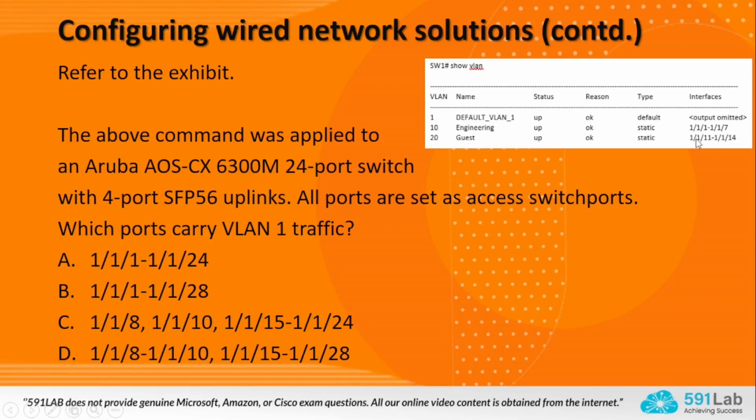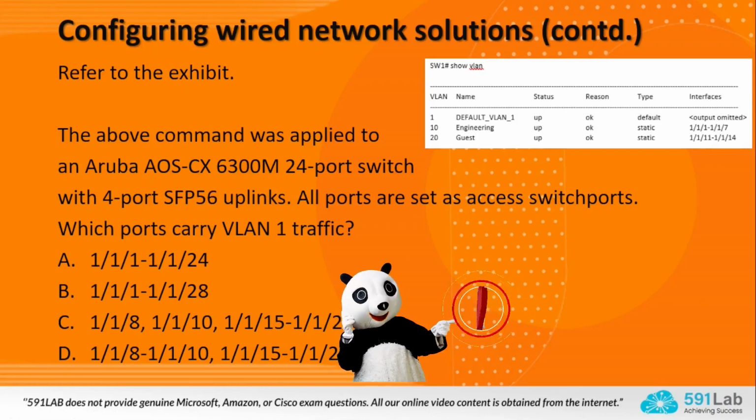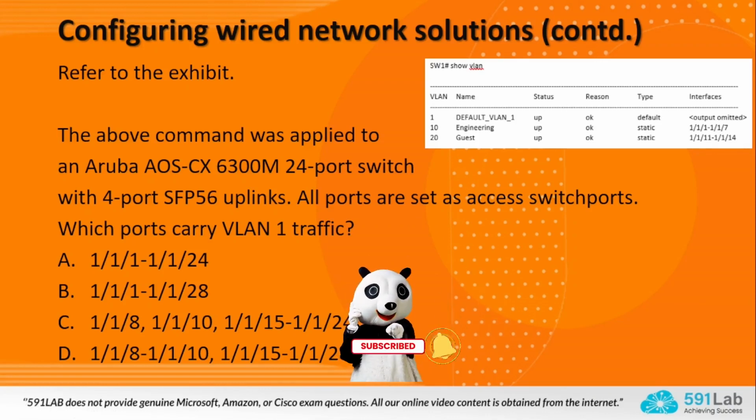So 8, 9, 10 are not assigned to VLAN 10 and 20, so 8, 9, 10 should be on VLAN 1. Then 11 to 14 assigned to 20. From 14 afterwards, that is 15 up to 28, are assigned to VLAN 1 because they just remain in VLAN 1. So let's check the answers.